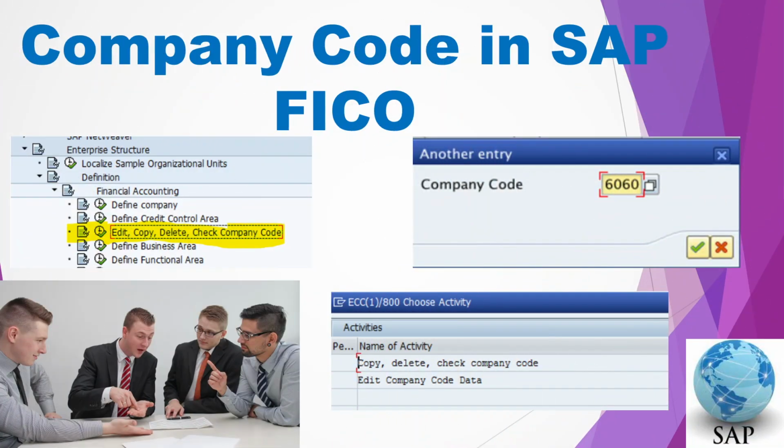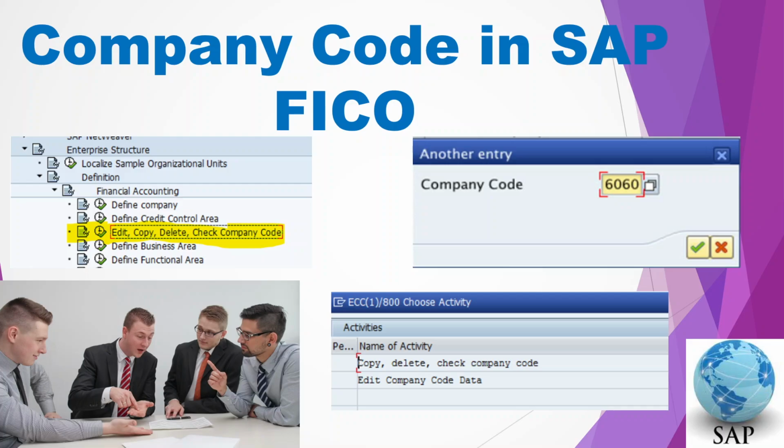So I have just captured a couple of screenshots. I'm sure most of the people who have seen the company code in the SAP system must have seen all these screenshots. But just to showcase, I have captured a couple of them to see how it looks.